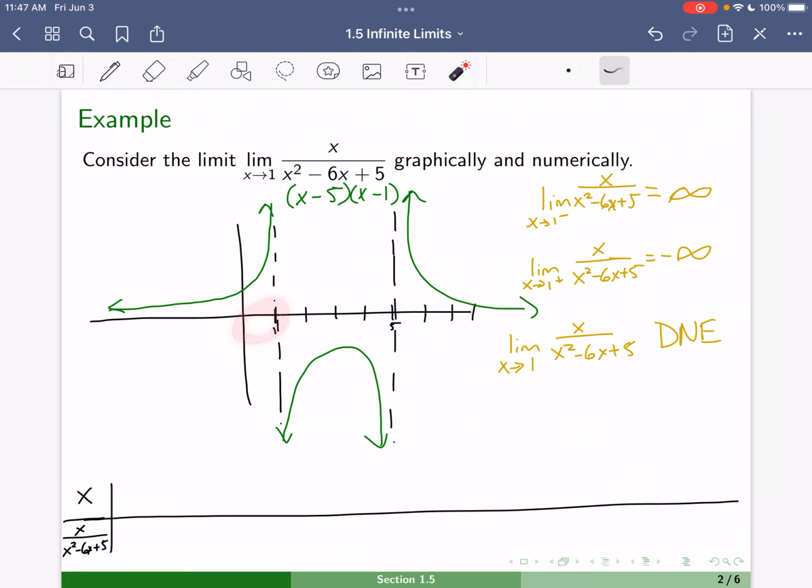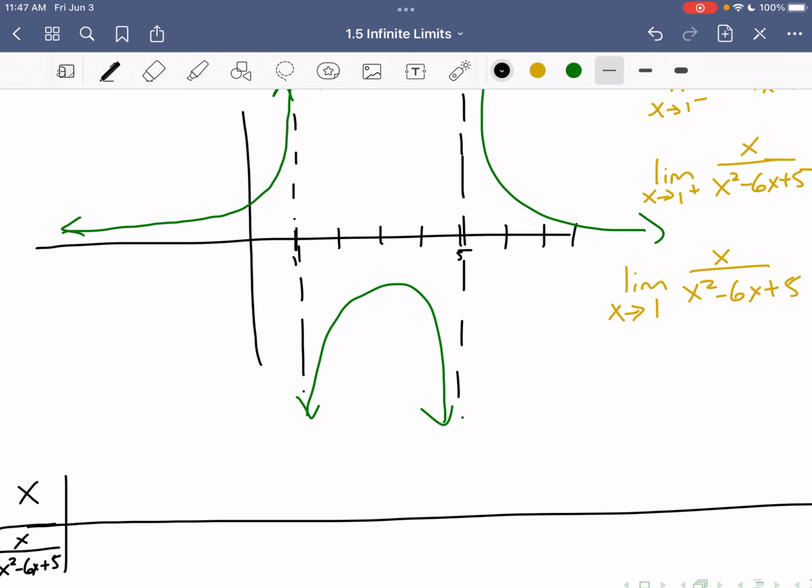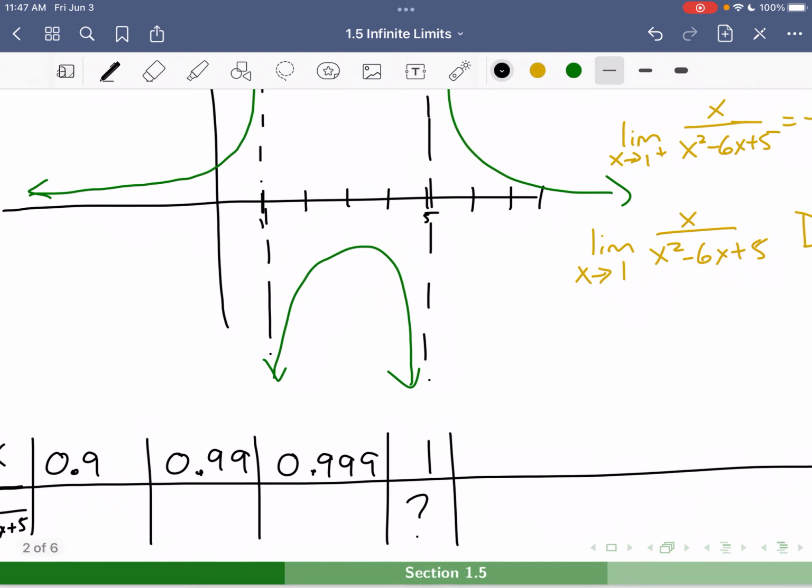We'll pick values that are a little bit smaller than 1, and also values a little bit bigger than 1. So values a little bit smaller than 1, we could have 0.9, and 0.99 is a little bit closer, and 0.999 is closer still. At 1, we don't know what's happening.